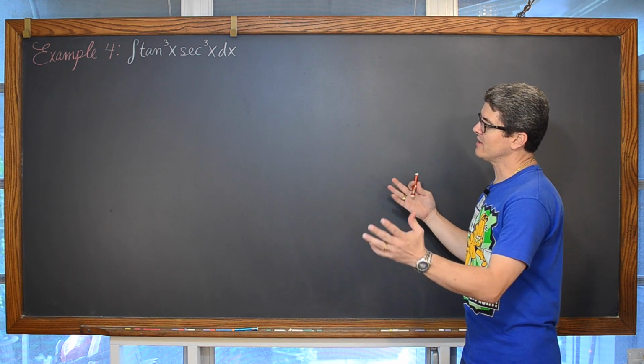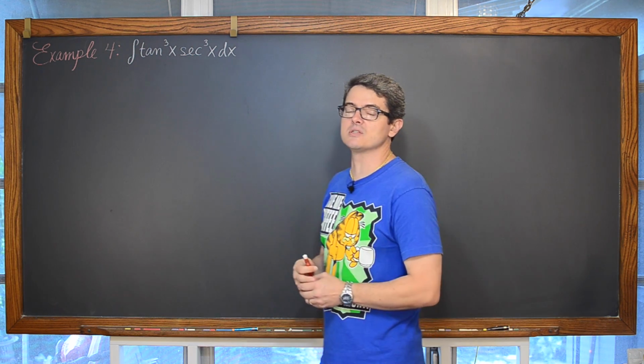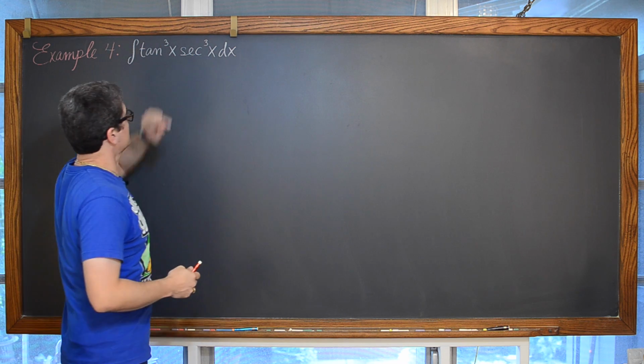It's just that this one you don't have an option, I don't think a good option, of how to do this. You just want to pay attention to the fact that the tangent of x has an odd power to it.